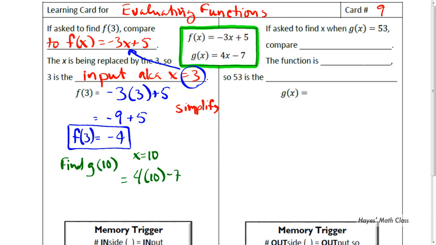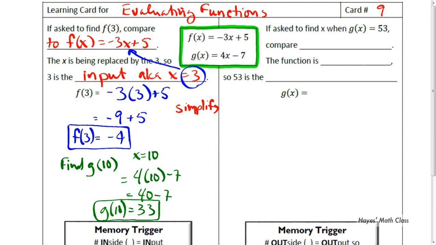Because again, if I look up here at the equation, g of x is equal to 4x minus 7. So then I'm going to get 40 minus 7. So therefore, g of 10 is going to equal 33. If I put an input of 10, I get 33 out.